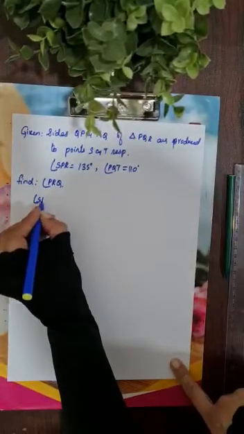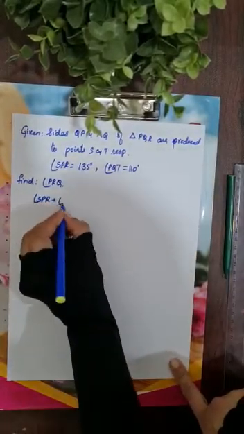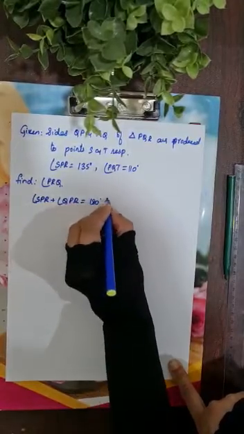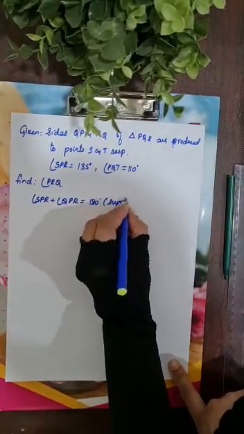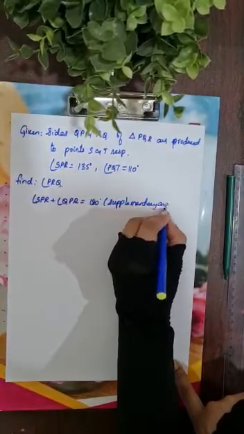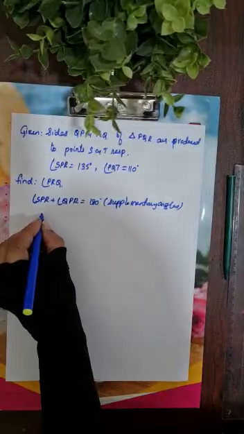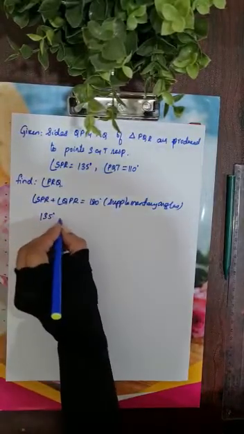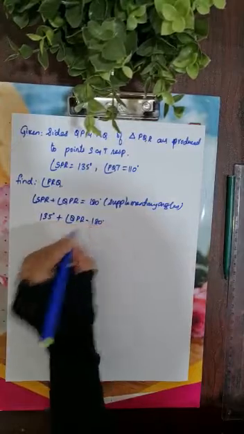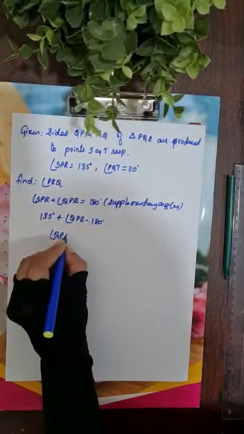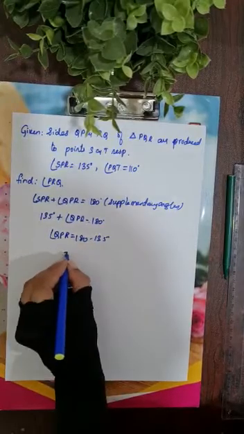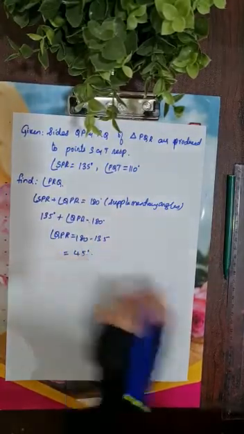Angle SPR plus angle QPR is equal to 180 degrees and the reason is supplementary angles. Okay, so SPR is nothing but 135, 135 plus QPR is equal to 180. Angle QPR will be equal to 180 minus 135, that is equal to 45 degrees.